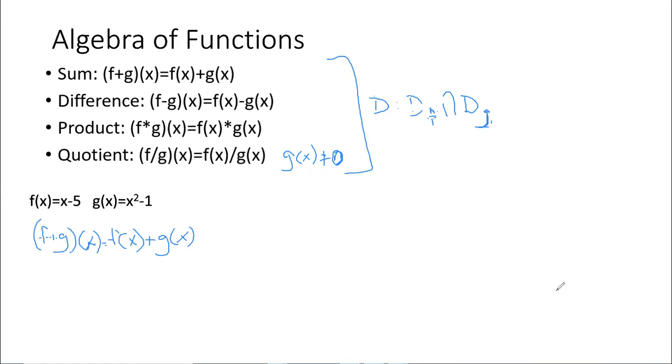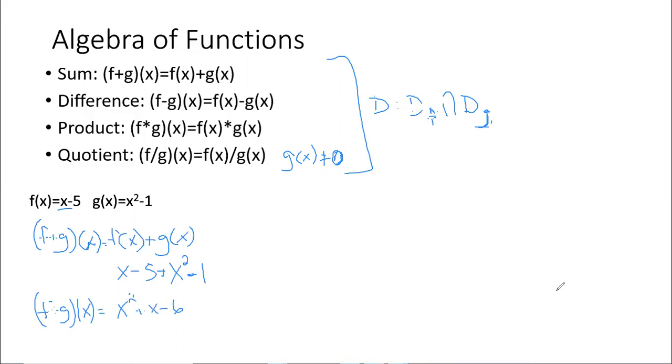So f of x is x minus 5 plus g of x, x squared plus 1. Now we can combine like terms and reorganize this. This becomes x squared plus x minus 4, and this is our f plus g of x.